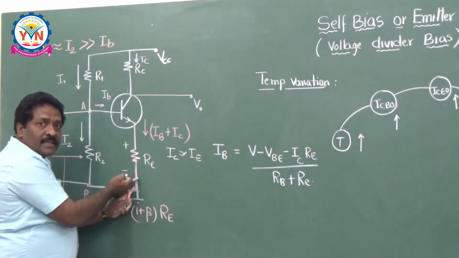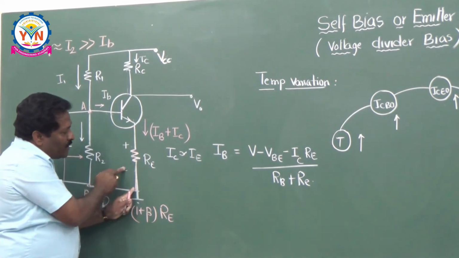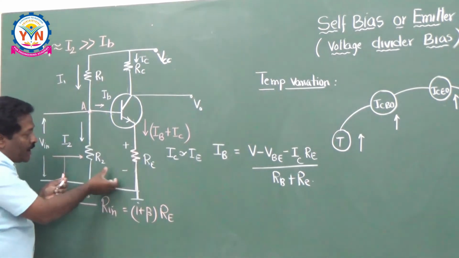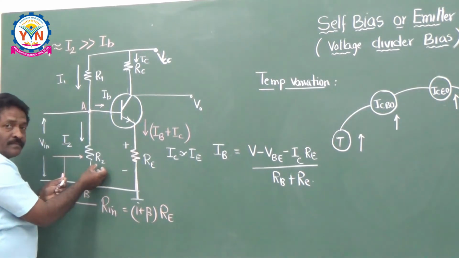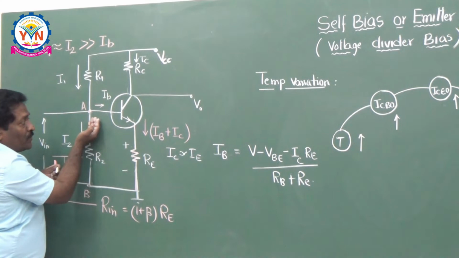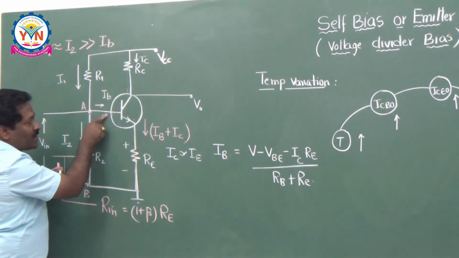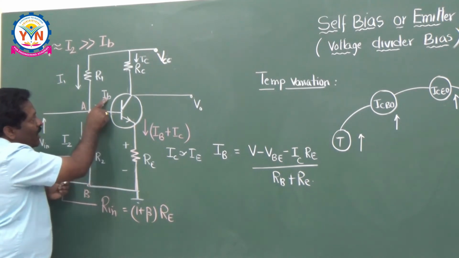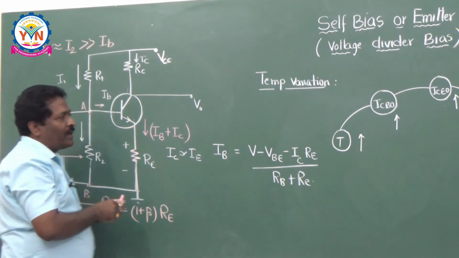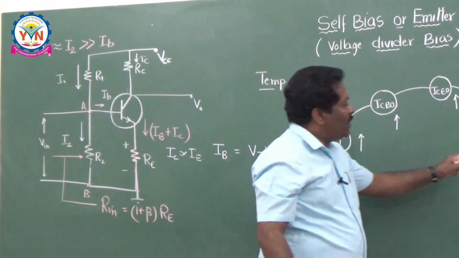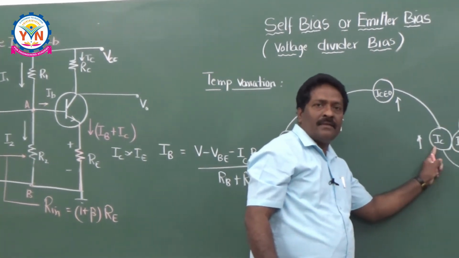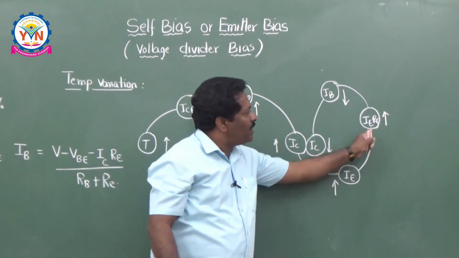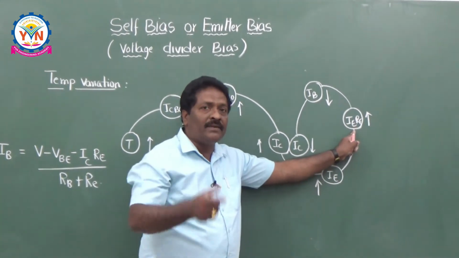If IE increases, the voltage drop across RE increases. This voltage drop is applied as a voltage source in the reverse direction of the input, so the forward biasing of the junction decreases. If the forward bias decreases, input current IB decreases. That's why, if IC increases, IE increases, which means the voltage drop across the emitter resistor increases.